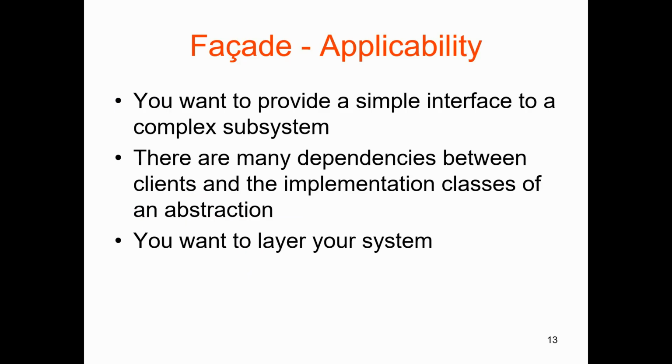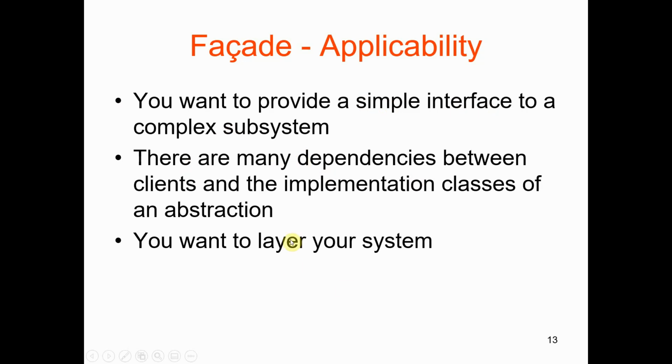Then let's see in what scenario and circumstance we use the facade. Anytime you're facing a complex subsystem, and there are many dependencies between the client and the classes, so there's a need to provide a simple interface to a complex system, then you can use the facade.